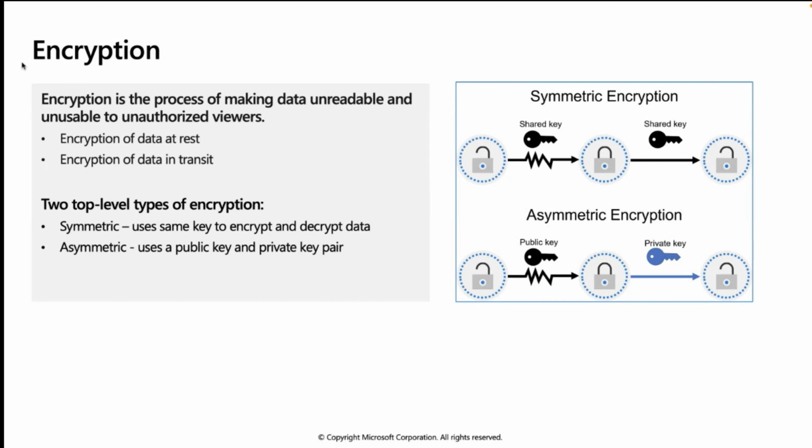Whereas asymmetric encryption typically uses public-private key cryptography. In other words, it uses a public key and a private key pair. What do I mean? Well, let's say you're Bob, okay? I'm going to send you an email, right? I write an email and I encrypt that email with my private key.